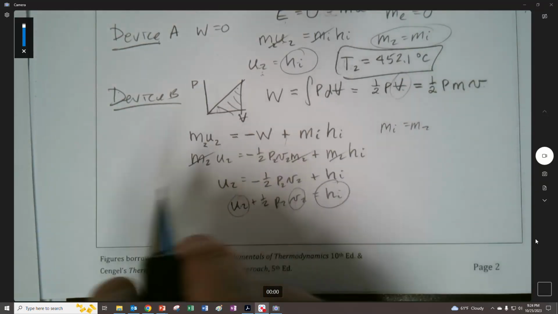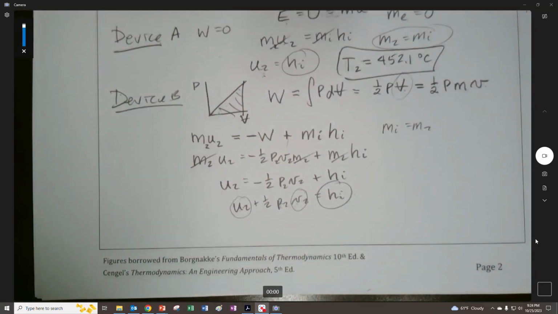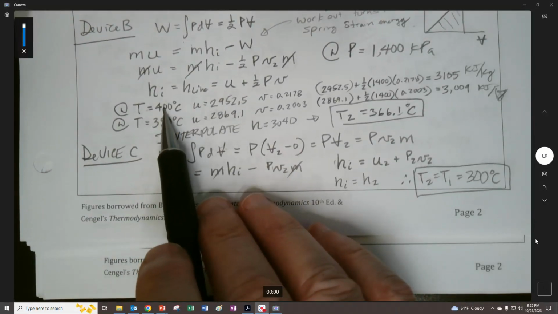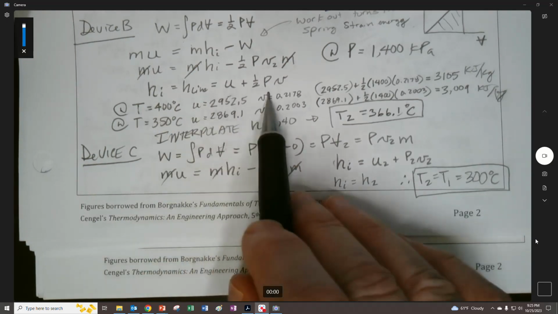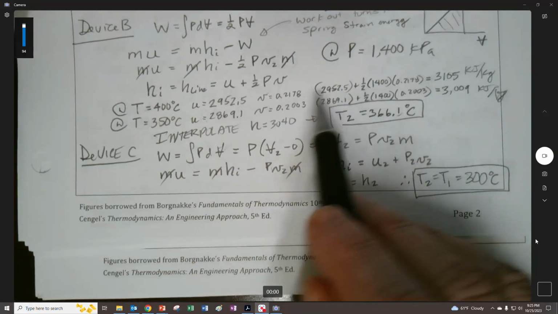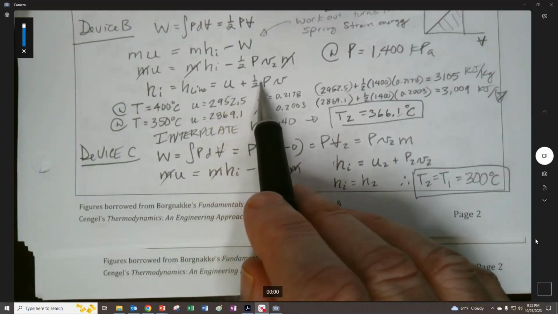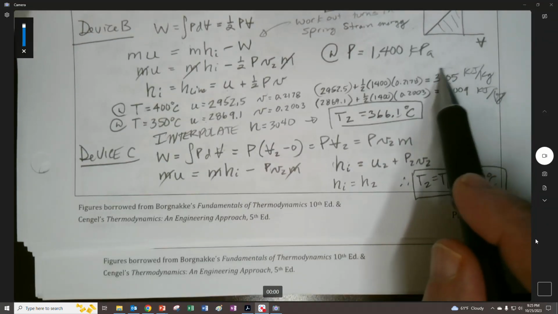So this was kind of a pain to do. I did it. I'm not going to rewrite it, because I just remember what I did. So here's what I did: I narrowed down what I thought it would be. It's somewhere between 400 and 350. And here's the U and the V at those locations. So I put that U and that V back into this equation up here, U plus 1/2 P times V, and then it ended up equaling this amount.